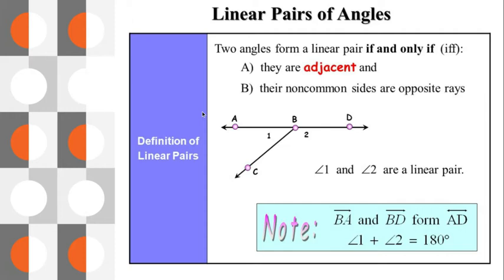Next up in our angle pair relationships is something called a linear pair. If you look at the first four letters of linear, it spells line. So two angles form a linear pair if and only if, there's that IFF again, they are adjacent, meaning they share a vertex and a side, but nothing else in common, and their uncommon sides are opposite rays, or a line.